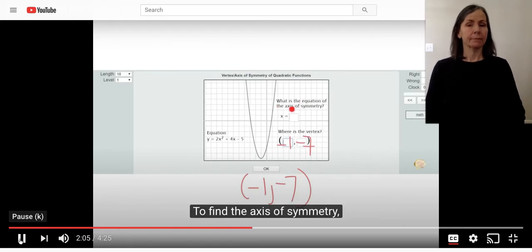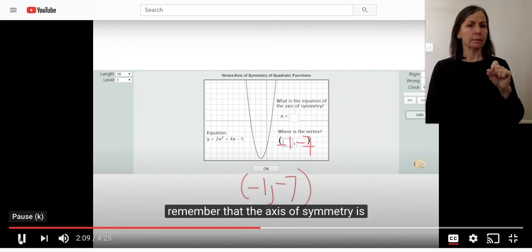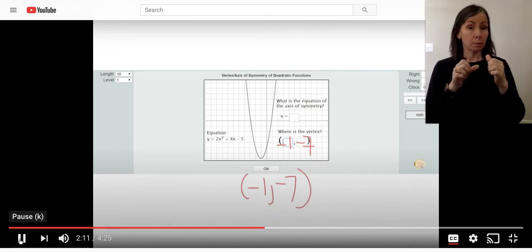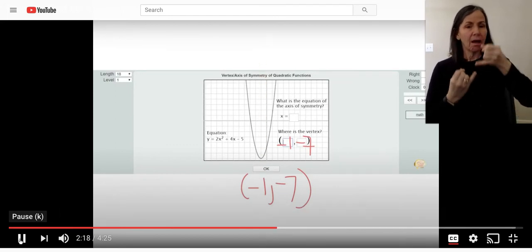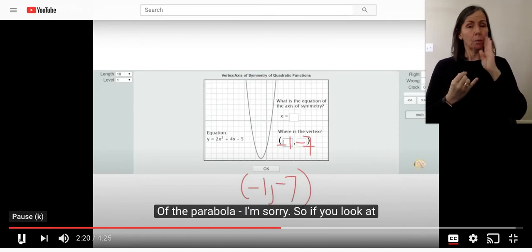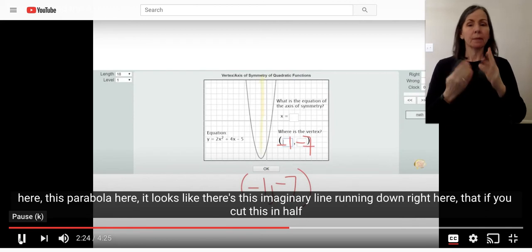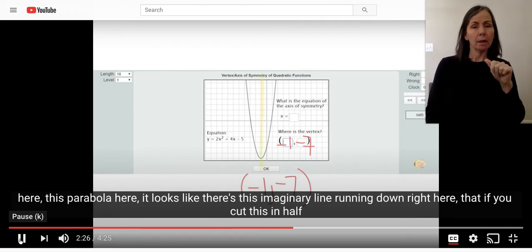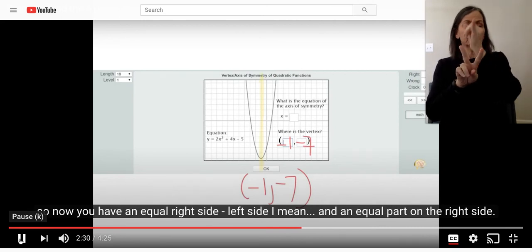To find the axis of symmetry, remember that the axis of symmetry is an imaginary line that cuts straight down the middle of the parabola. If you look at this parabola, there's an imaginary line running down right here, and if you cut it in half, you have an equal left side and an equal right side.